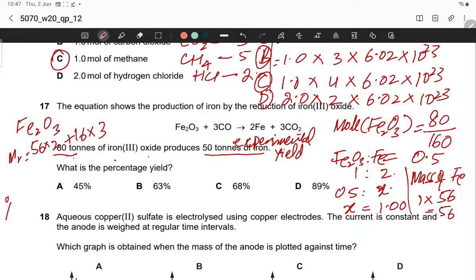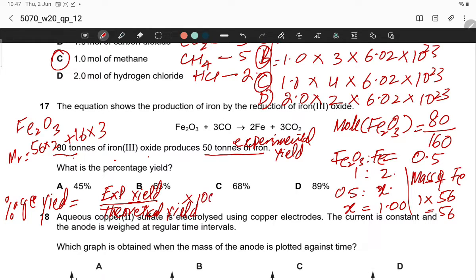So percentage yield is equal to experimental yield over theoretical yield into 100.